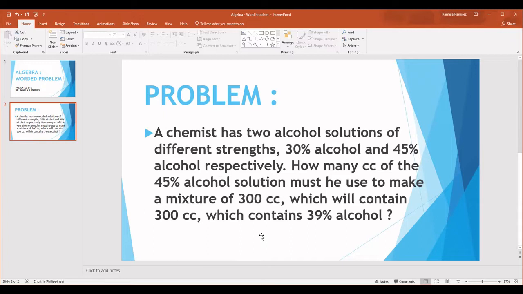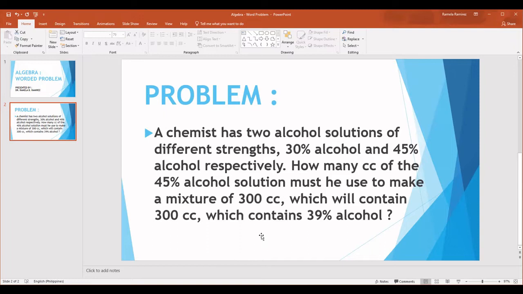This 300 cc will contain 39% alcohol. Okay, so we are going to determine the cubic centimeter of the 45% alcohol solutions.